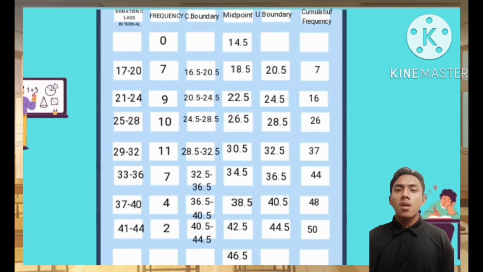Finally, the way to find the cumulative frequency is to add the upper frequency number to the lower number, which is 7 plus 9 equals 16, and continue to add 16 plus the next number, which is 10.